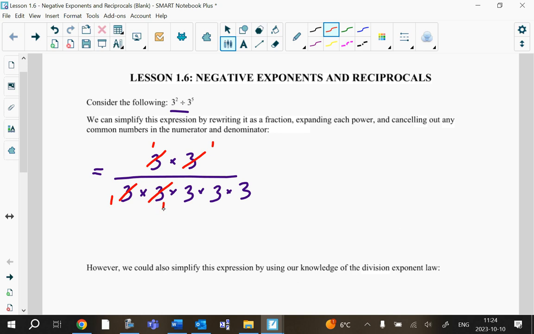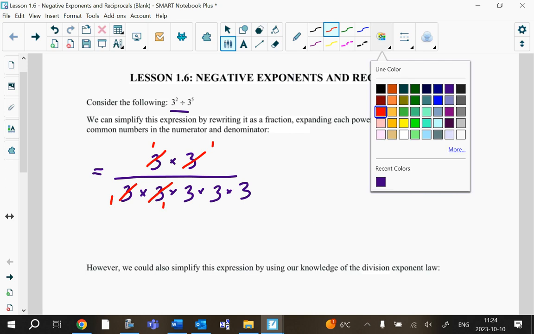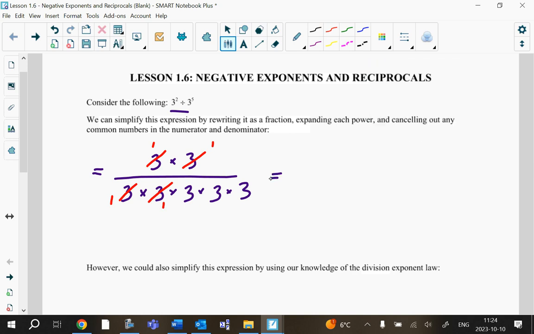So I am left with 1 times 1 up top, which is 1, over 3 times 3 times 3, which if I write back in exponent form, I get this. 1 over 3 to the positive 3. Or I could write it like this.